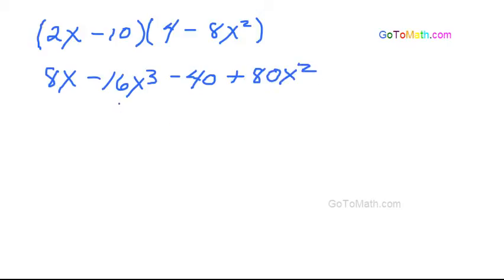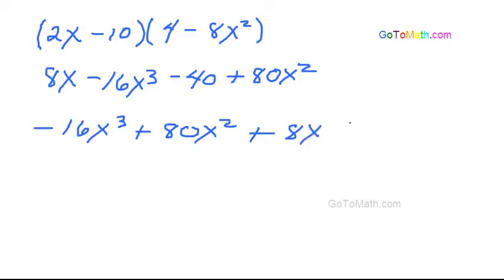Yes, lots to remember. We want to go ahead and collect up any like terms, which there aren't any. These are all completely different monomials. And then we want to write it in standard form. So we're going to have negative 16x cubed, and of course the next term will be 80x squared plus 8x and then minus 40.